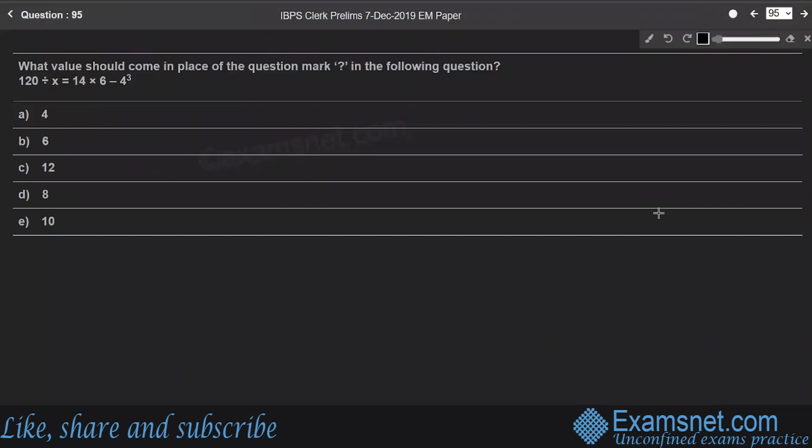Question 95. What value should come in place of the question mark in the following question? Here is the question. 120 divided by x is equal to 14 into 6 minus 4 cube. So here we'll solve for the RHS part. 14 into 6 is 84, minus 4 cube is 64.